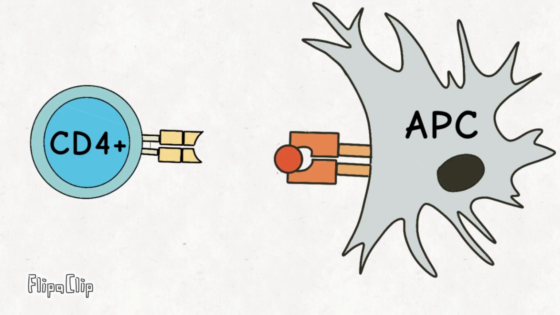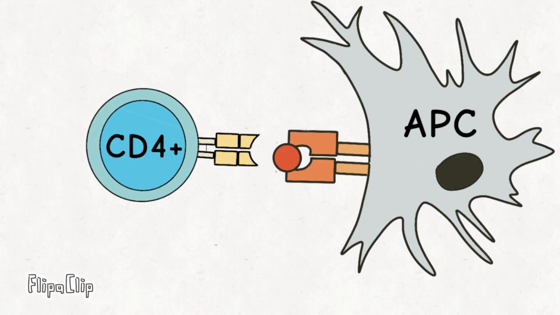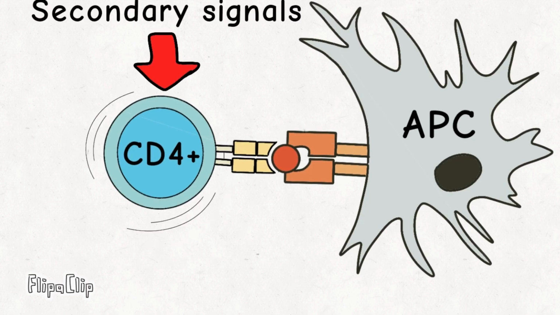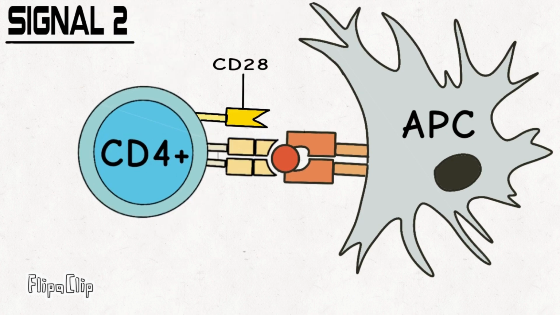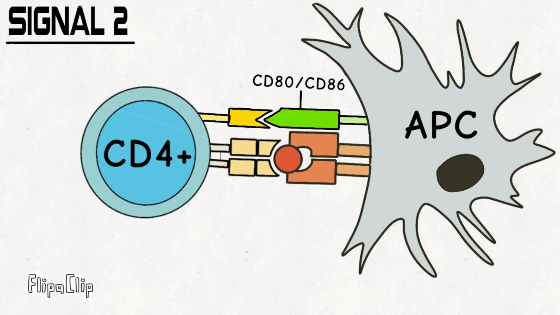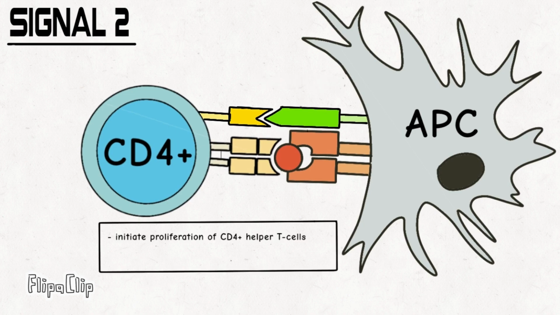After CD4 positive receptor binds to antigen presenting cell, CD4 positive helper T cell needs secondary signals to become activated. In this situation, CD28 molecule on CD4 positive helper T cell binds to one of two molecules on the antigen presenting cell, which are CD80 or CD86, and initiates proliferation of CD4 positive helper T cells.